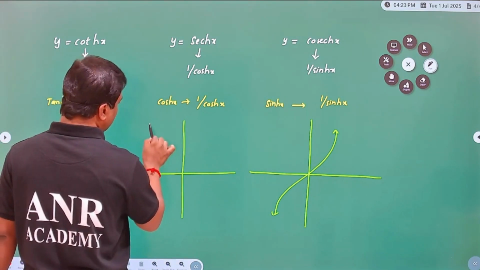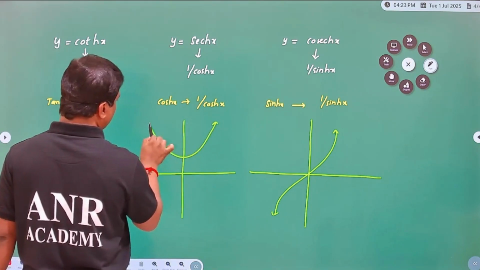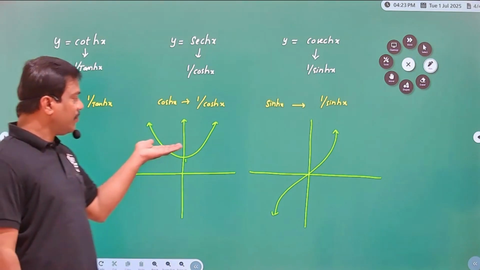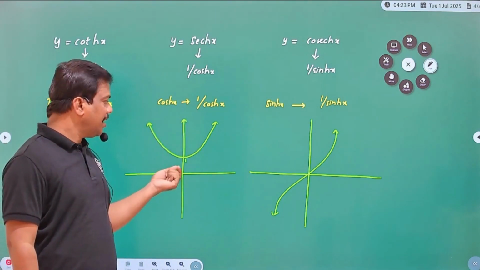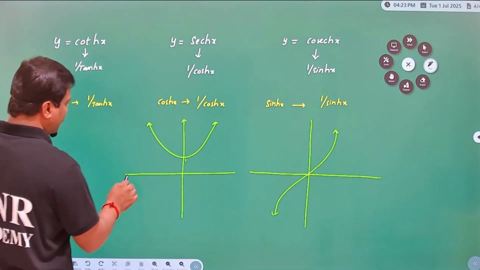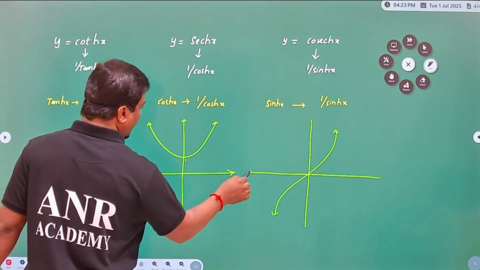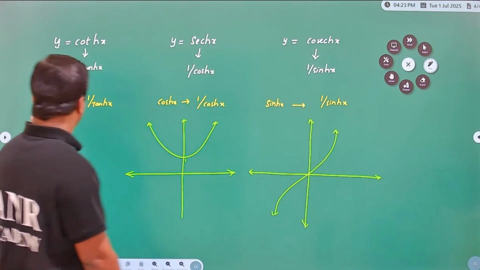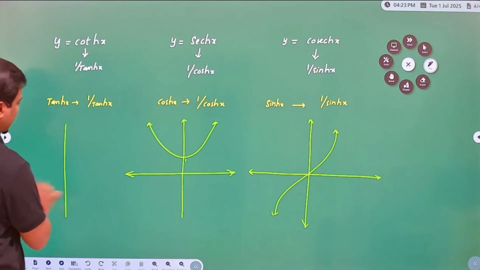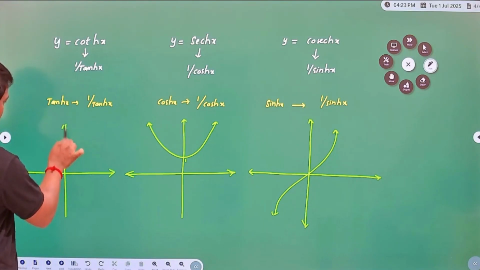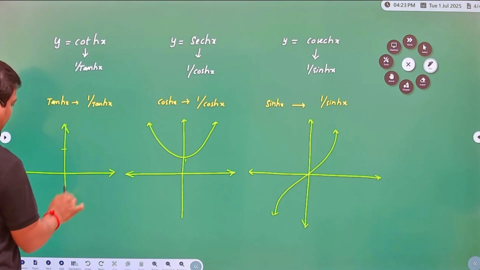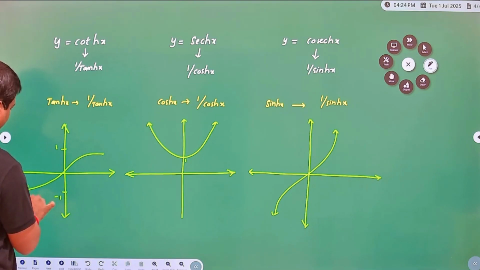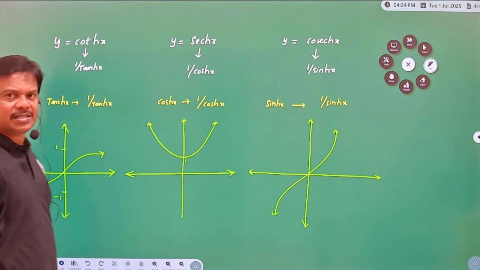In the same way, you know the graph of cos hx, 1 to infinity its range, and defined for all x belongs to R. Next, tan hx defined for all x belongs to R, but its range is from -1 to +1. Defined for all x belongs to R, but range is in between -1 to 1.